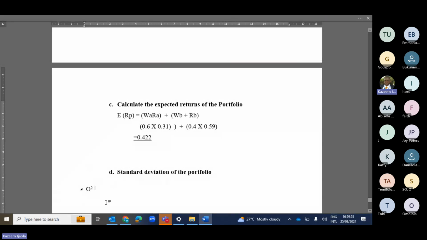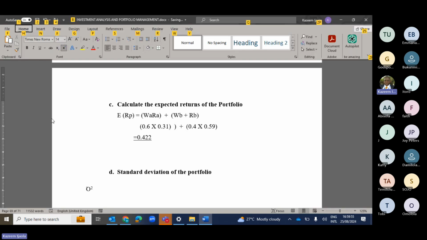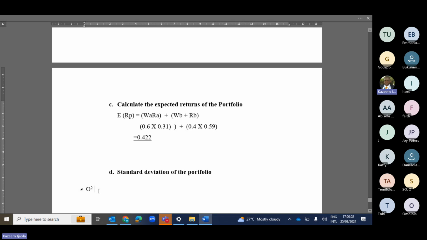So when you have a two asset case, can we all practice the formula without looking at our book now? Okay. So we have weight subscript A. Wait, this is asset A and B. Weight subscript A. Kazim, it doesn't have square. Standard deviation doesn't have square.